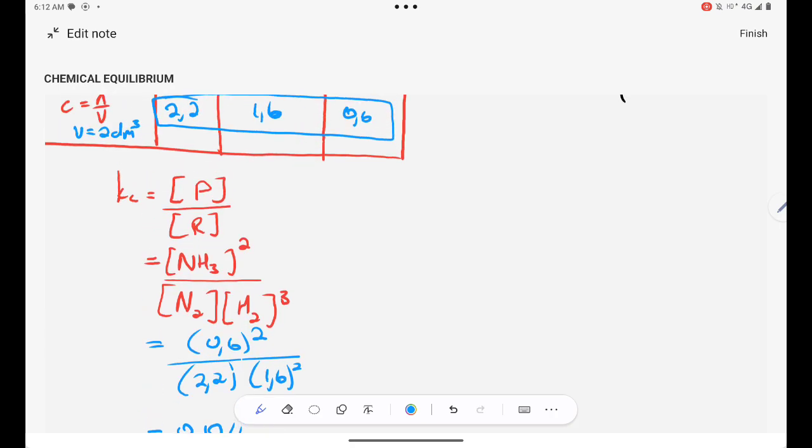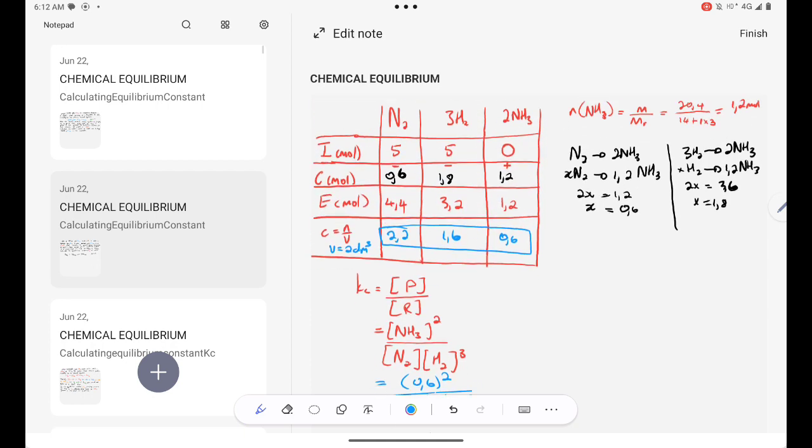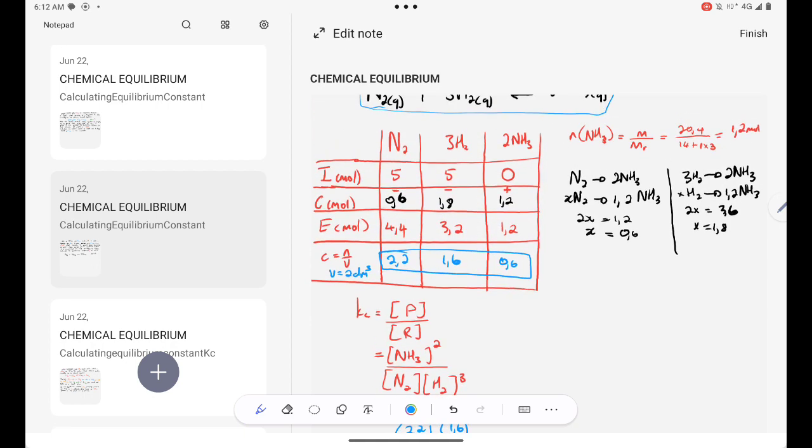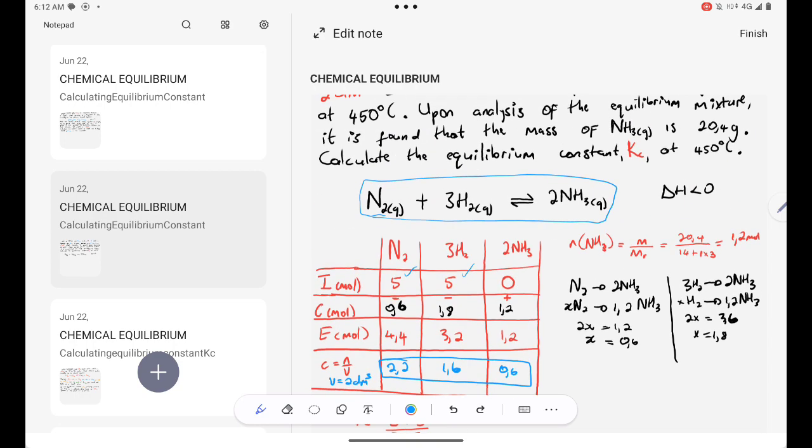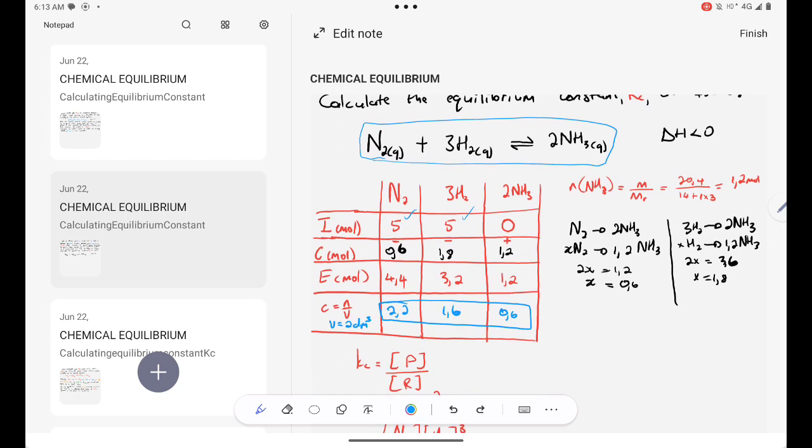Now guys, let's go and recap on how we calculated our equilibrium constant. Remember that initially we were told that we reacted 5 moles of nitrogen and 5 moles of hydrogen to create ammonia. That means at the beginning, ammonia was not there. That's why the initial number of moles for ammonia was 0. But at equilibrium, we were told that we ended up having 20.4 grams of ammonia.